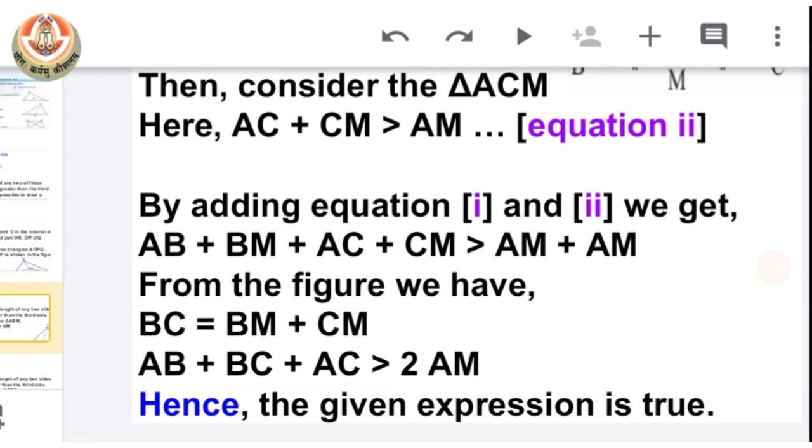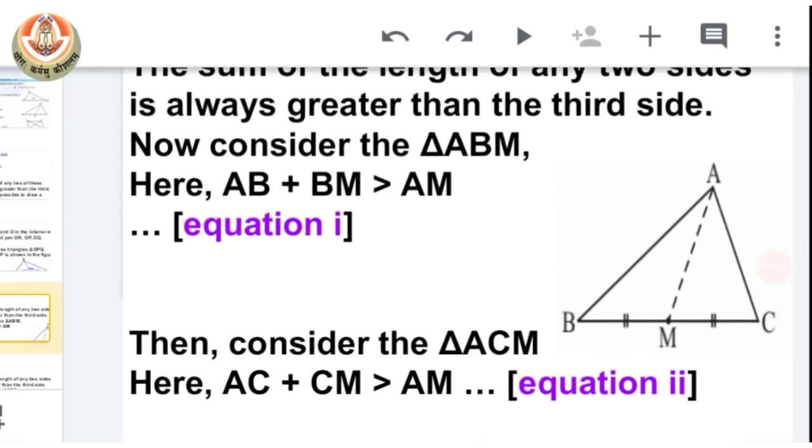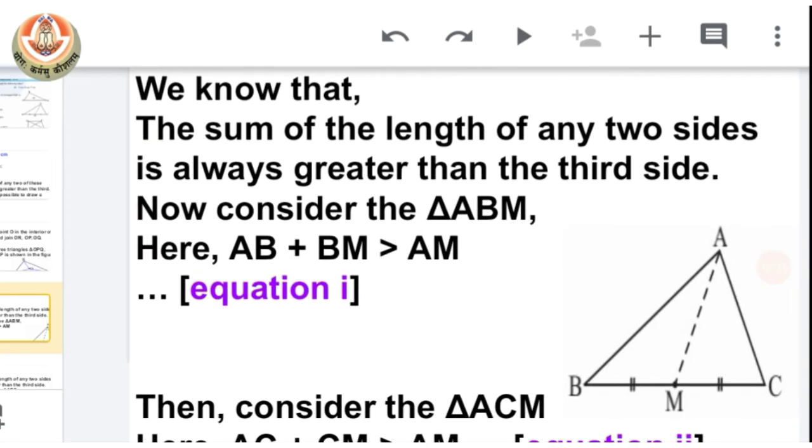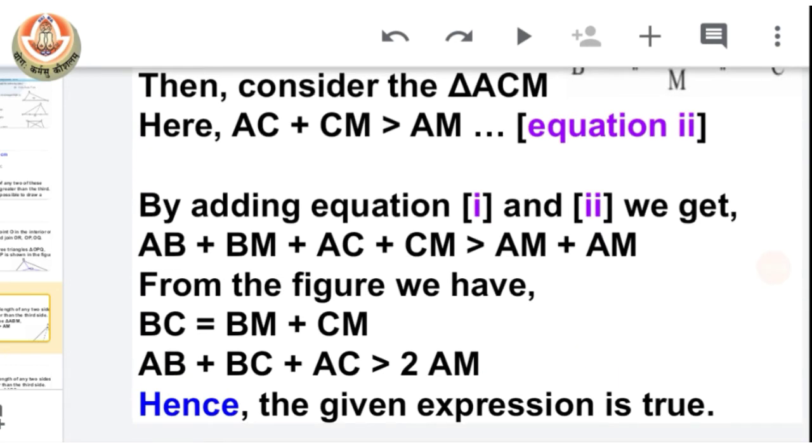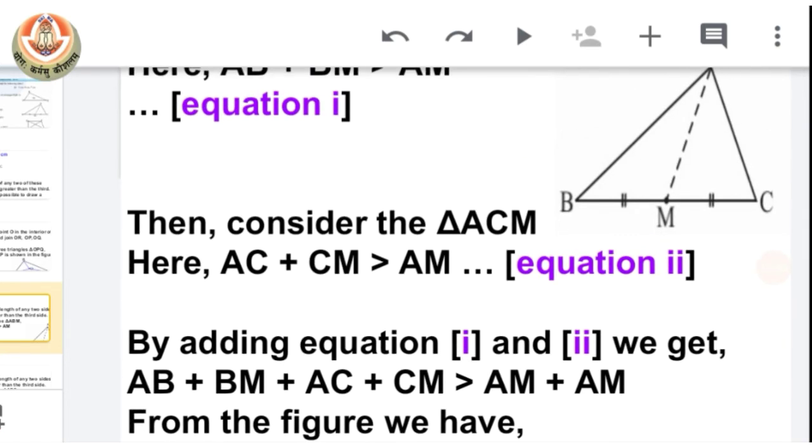See, whatever we did, we did according to what we want to prove at the end. As we need twice of AM on one side of the greater than sign, that is why we added both the equations. And before that, we needed AM on one side individually.